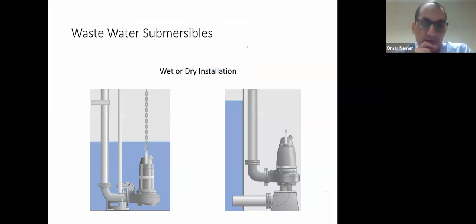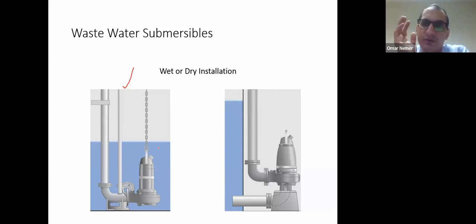Here, submersible pumps could be installed, let us say, there is wet installation and there is dry installation. What do we mean by wet installation? Wet installation, as we see here on the left, the pump is submerged in the pumped liquid. The same liquid which we are pumping, we submerge the pump there.